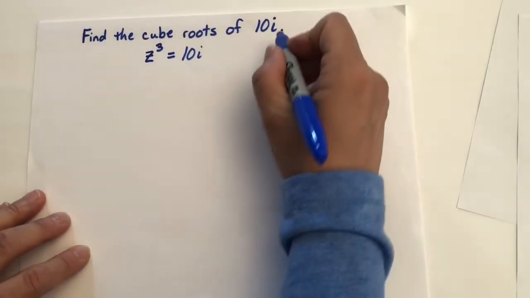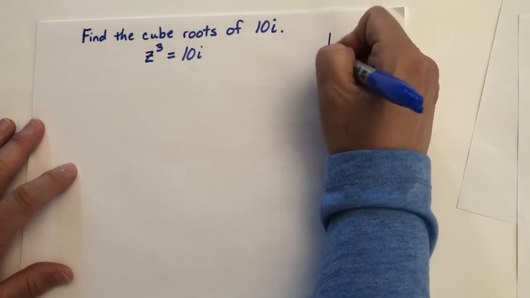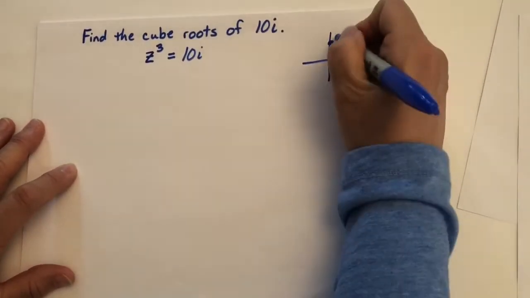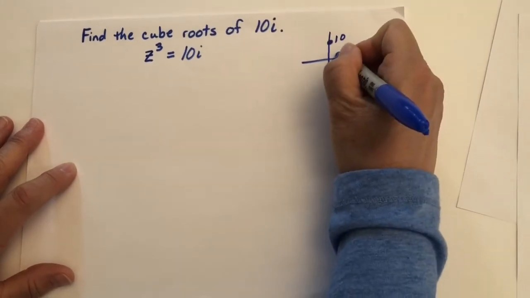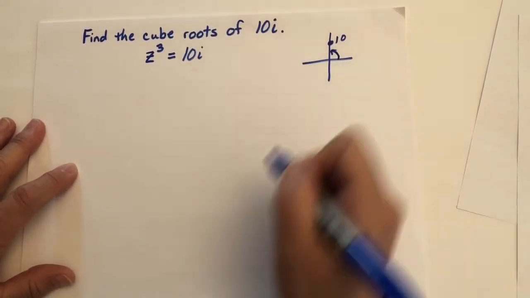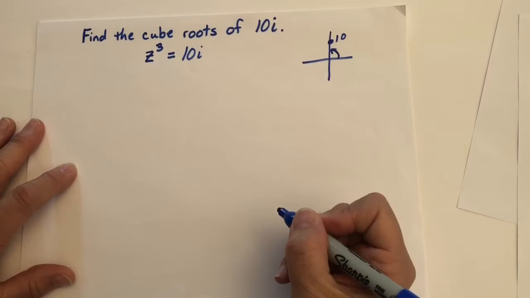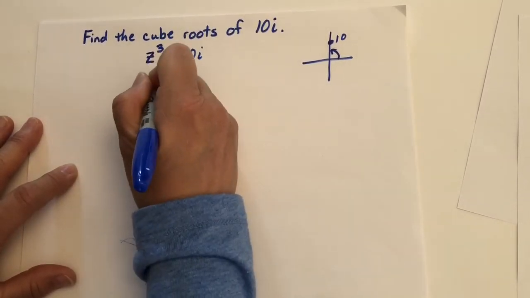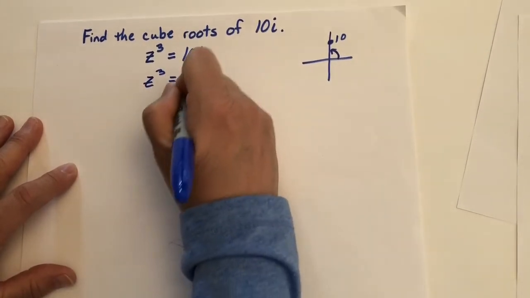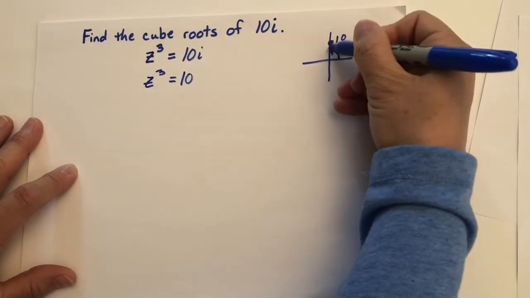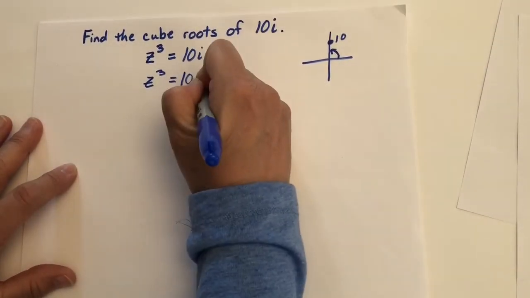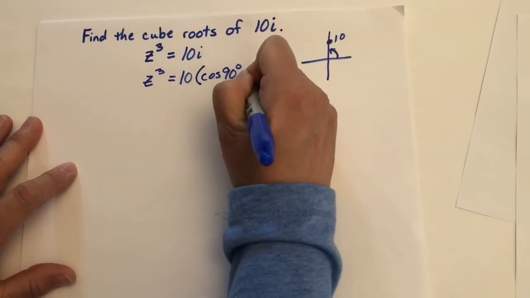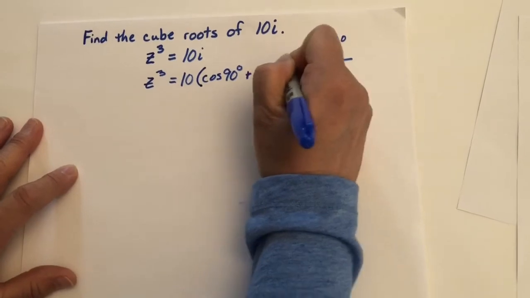So we need 10i written in trig form. 10i is up here, remember? So its argument would be 90 degrees or pi over 2, depending on whether you want to work in degrees or radians. So z cubed equals 10, because we still have that magnitude of 10, times cosine of 90 degrees plus i sine of 90 degrees.